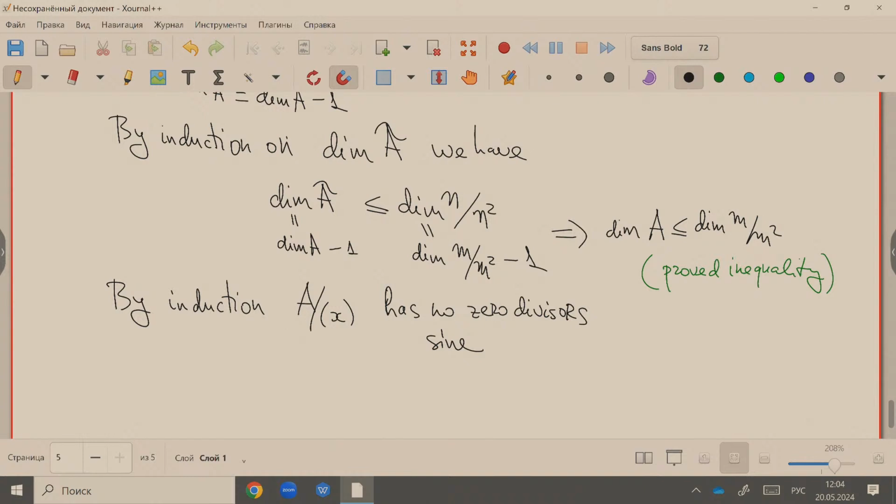In particular, if A is regular, this implies that A tilde is regular.